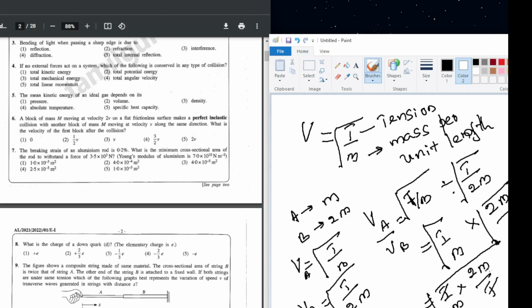T cancel, M cancel, equal root 2. That is VA over VB equal root 2.